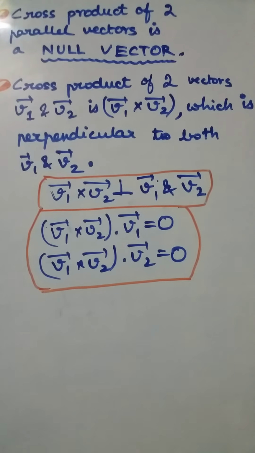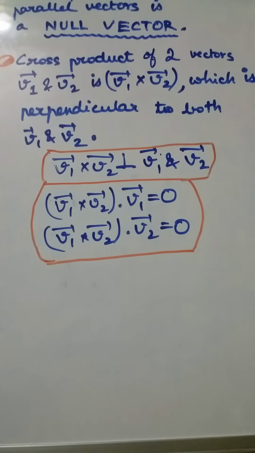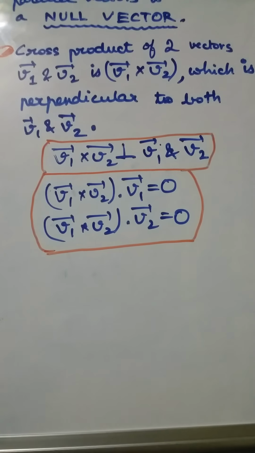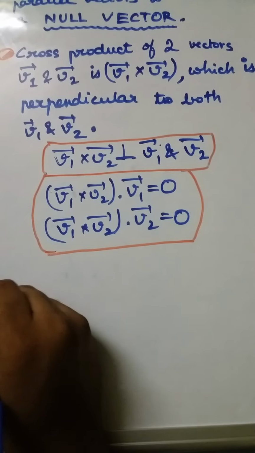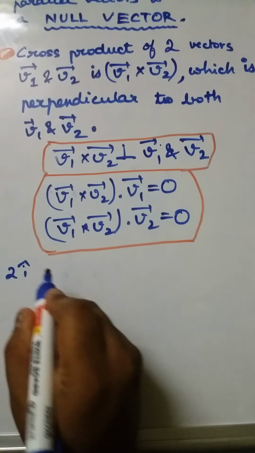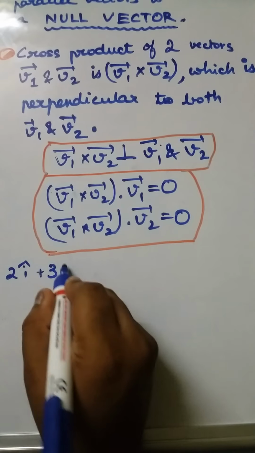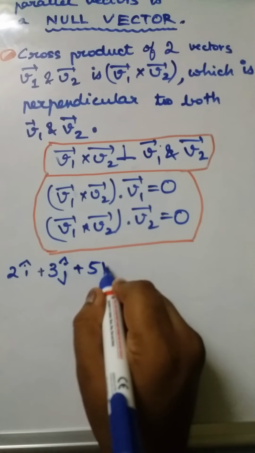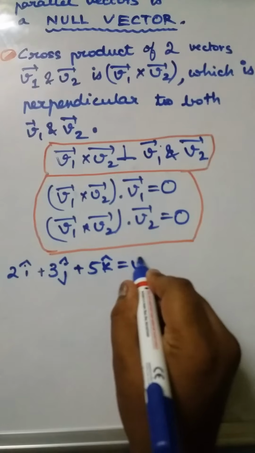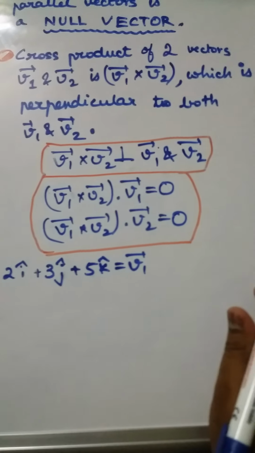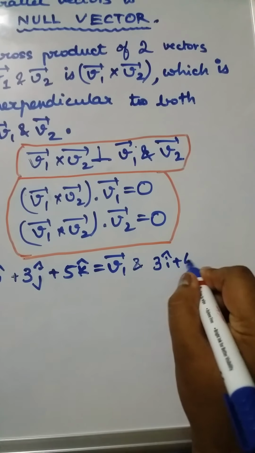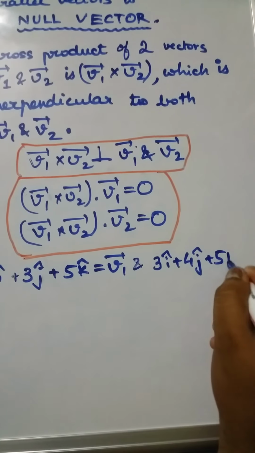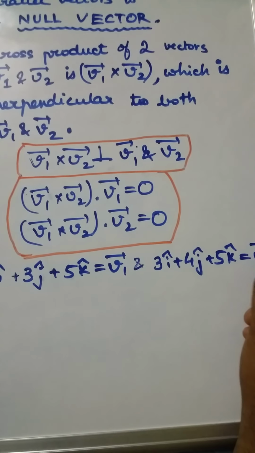Okay, now let's see an example. Suppose we are given two vectors, 2i cap plus 3j cap plus 5k cap equal to v1, and 3i cap plus 4j cap plus 5k cap equal to v2.